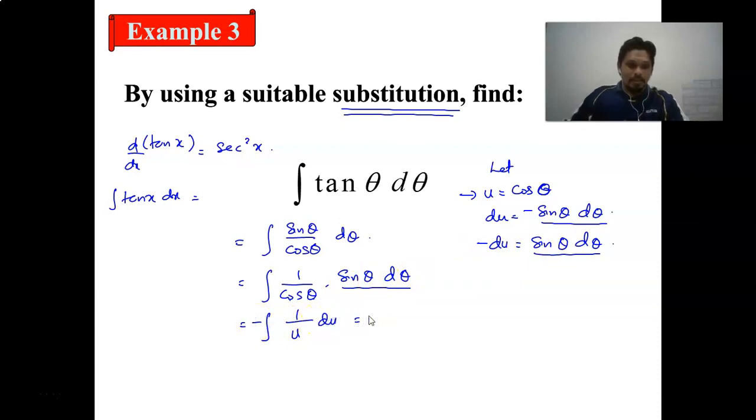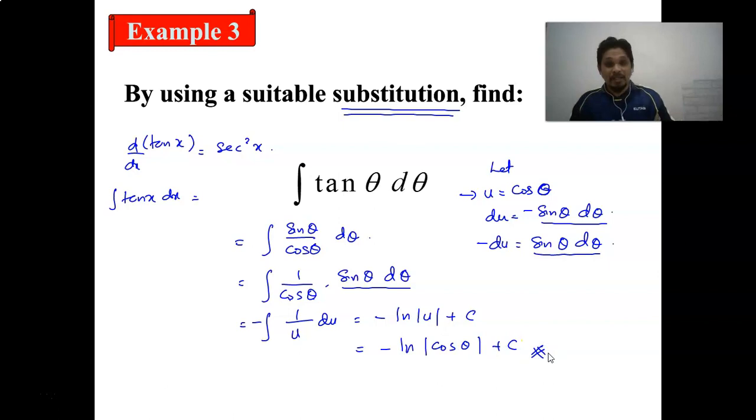So equal to negative the integral of 1 over u, which is the natural log of u plus C. It is negative natural log of u, equal to cos theta, plus C. Get it? Okay.